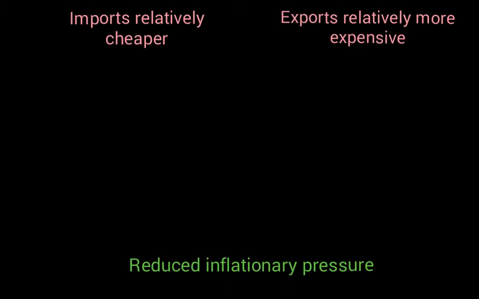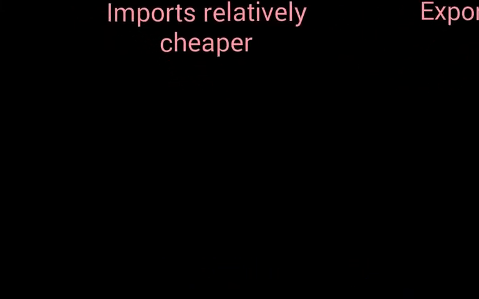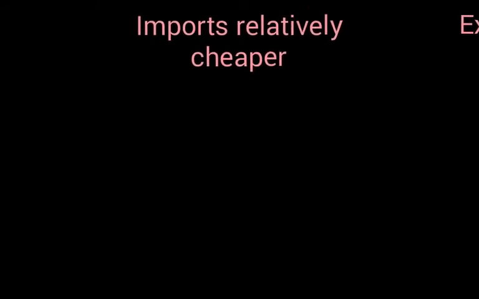So we've got two effects, remember, going on here. We've got imports becoming relatively cheaper because each pound buys more of them. And we've got exports becoming relatively more expensive because each foreign unit of currency buys fewer British goods than they did before. So let's think about how these work. We're going to start with the imports becoming relatively cheaper line of analysis.